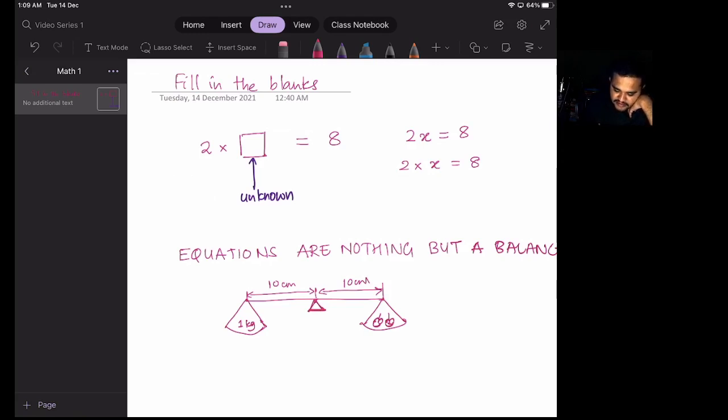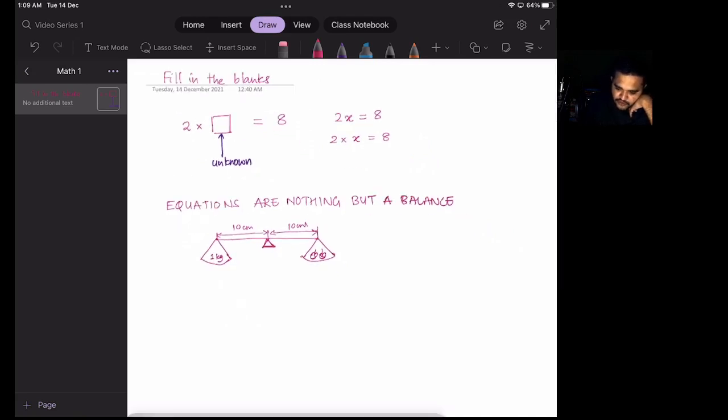That is, if a shopkeeper has to add, let's say, 200 grams here, we know intuitively that he has to add apples worth 200 grams here as well. Or if he subtracts 100 grams from here, we have to subtract 100 grams from the right hand side as well.